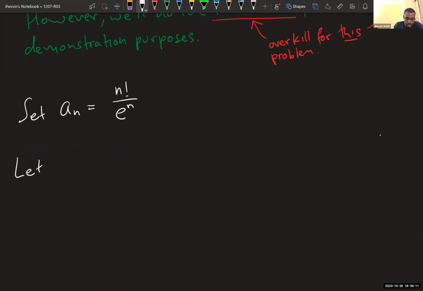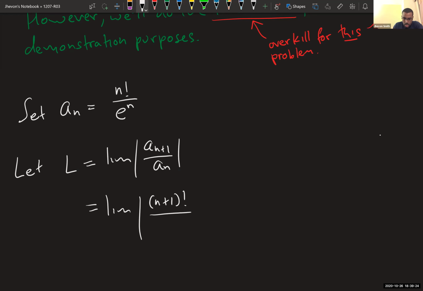And I can say let L equal the limit of a_(n+1) over a_n. So remember what this looks like? I'm going to just put a_(n+1). Then I'm going to multiply by the reciprocal of the original.